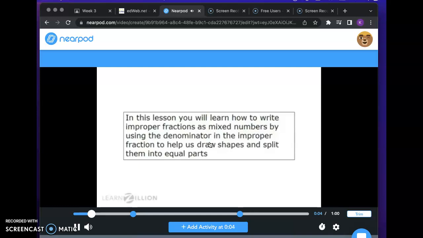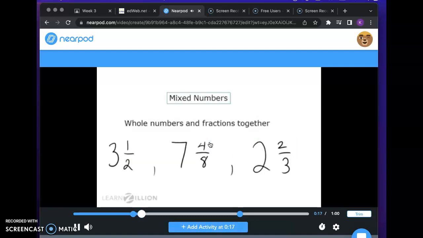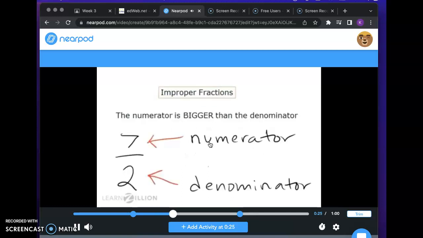Mathematicians, in this lesson you will learn how to write improper fractions as mixed numbers by using the denominator in the improper fraction to help us draw shapes and split them into equal parts. You know that mixed numbers are fractions that have whole numbers and fractions written together. You know that improper fractions have wholes and fractions, but even the wholes are written in fraction form.